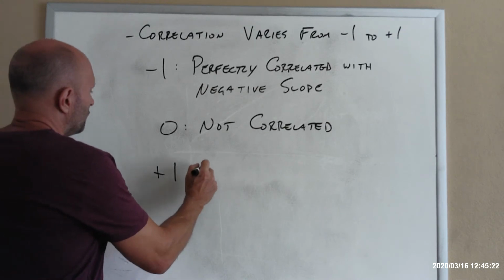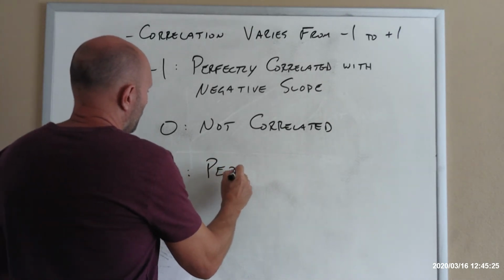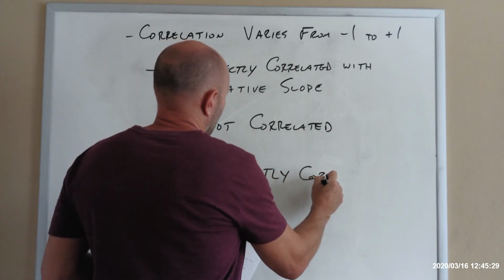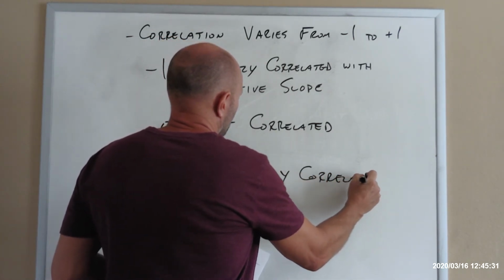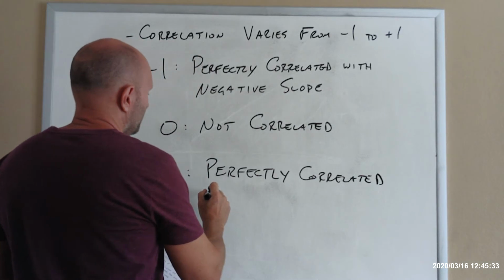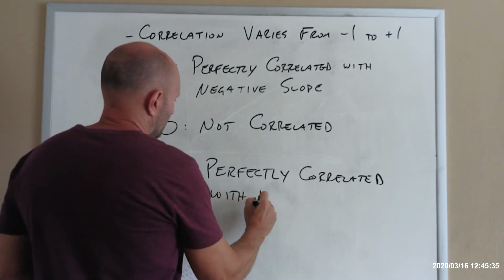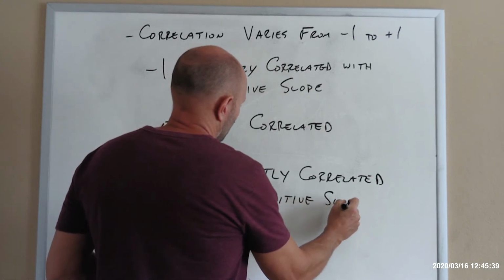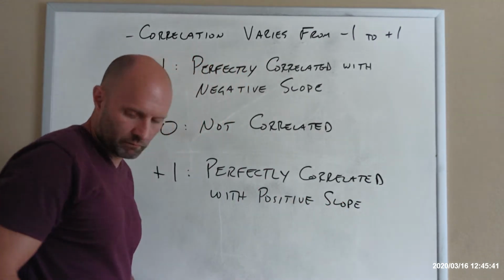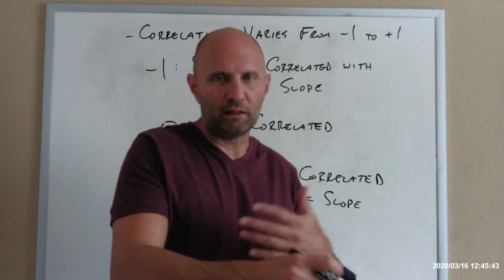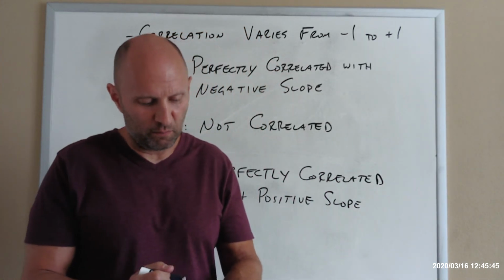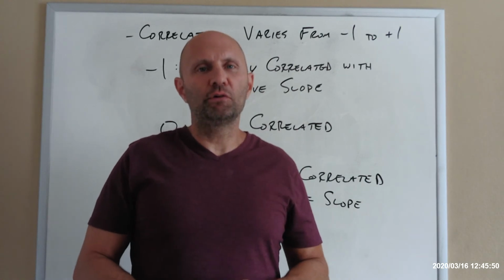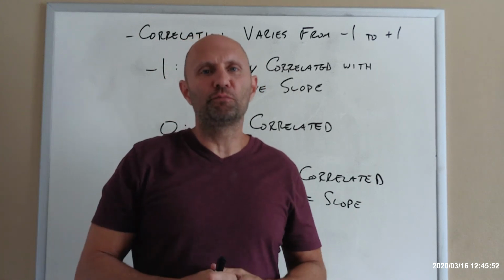And then +1 is perfectly correlated with positive slope. So if we want to talk about this weight loss, or now let's do a weight gain theme. If I eat an extra 500 calories a day, I'm going to put on this much weight.